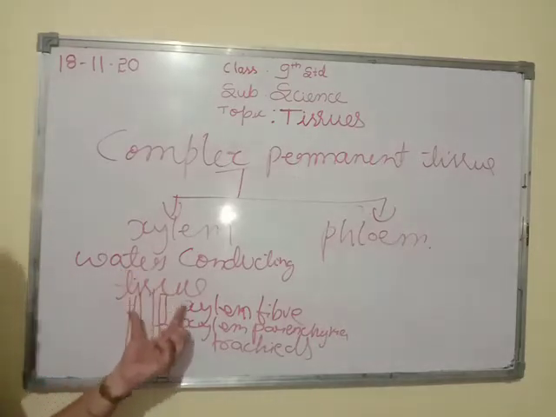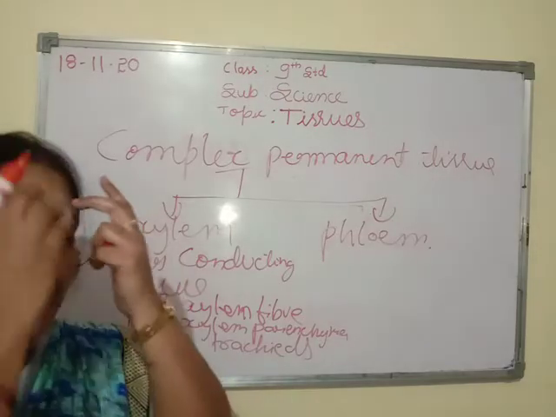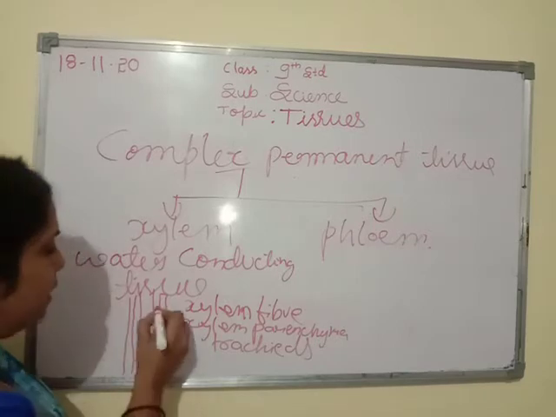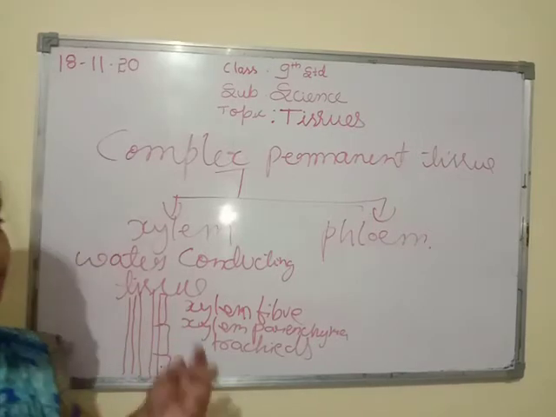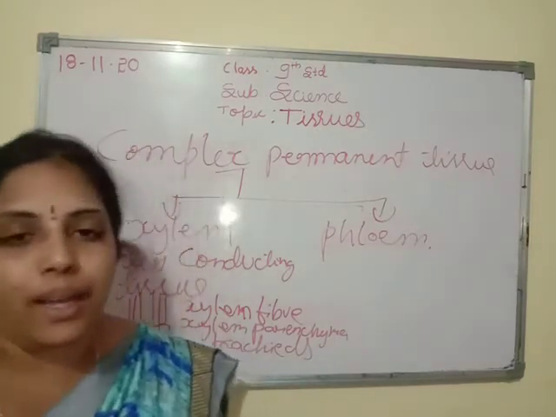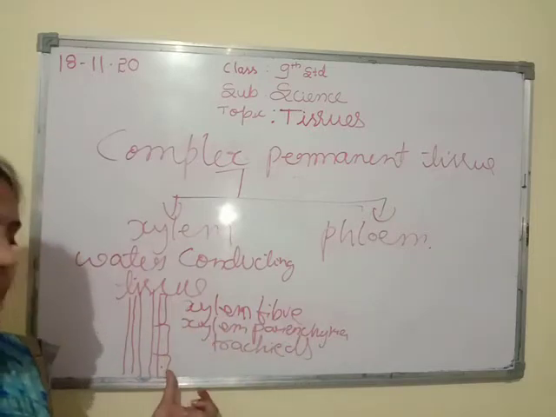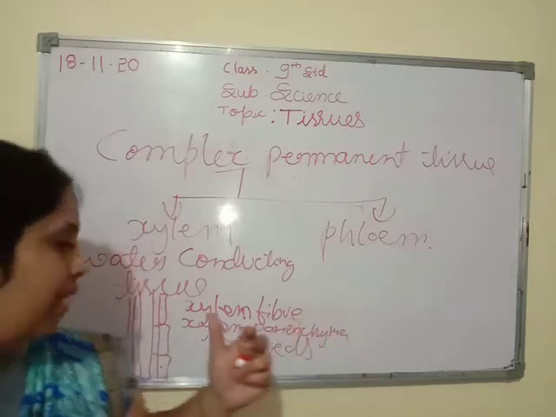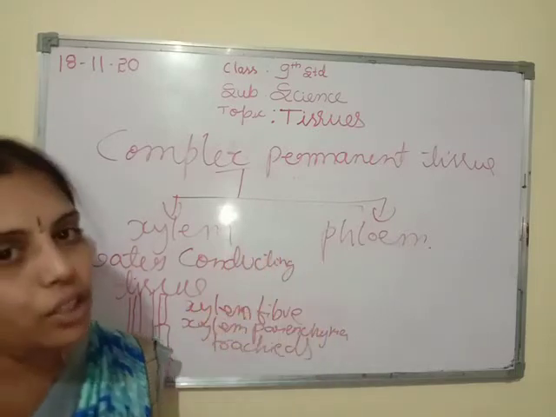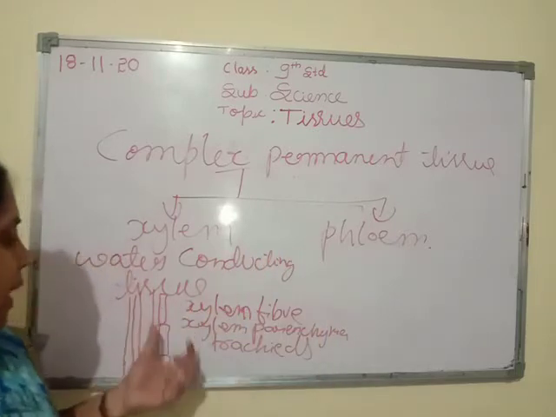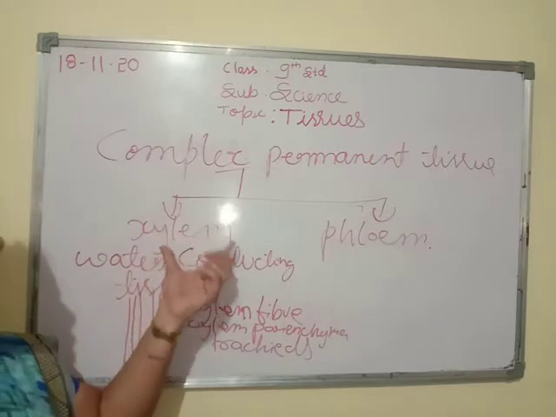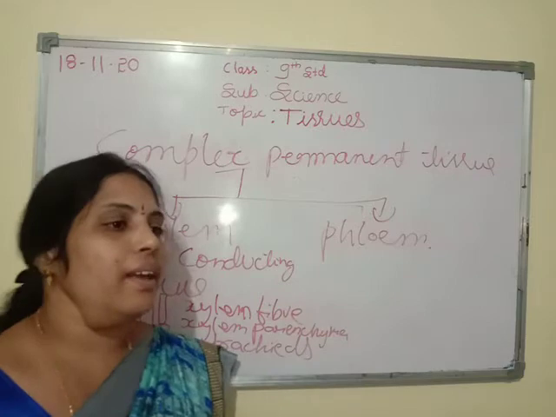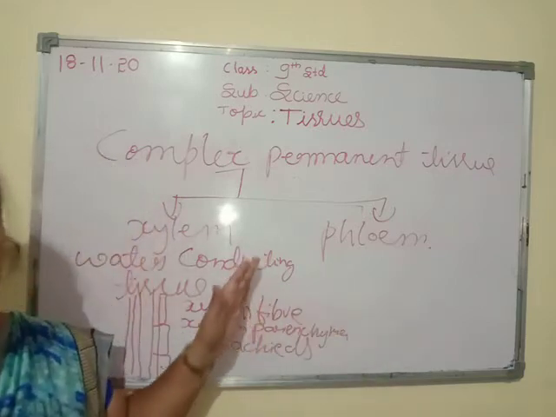Xylem tissue is a long tubular structure. This is the xylem parenchyma. You already know about the xylem parenchyma. This parenchymal cell helps in the conduction or transportation of water from one tissue to another tissue. Of course it is a water conducting tissue, but otherwise it also helps in the mechanical strength of the plant.